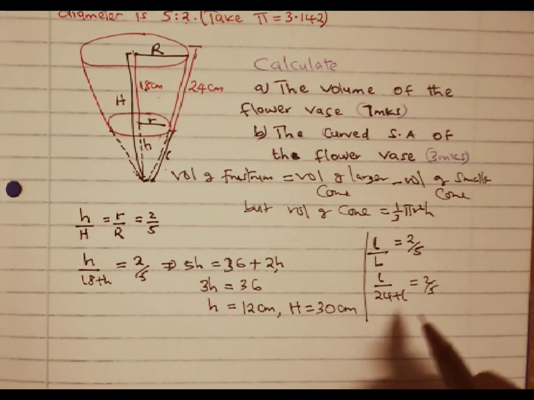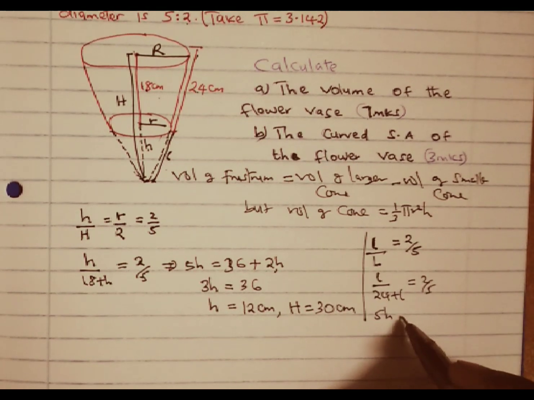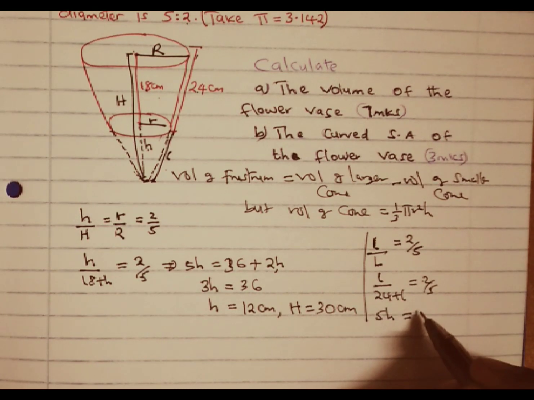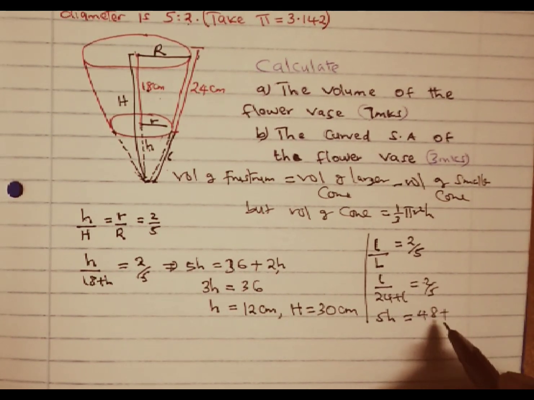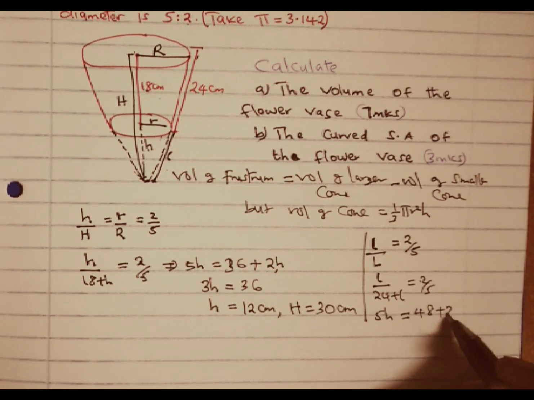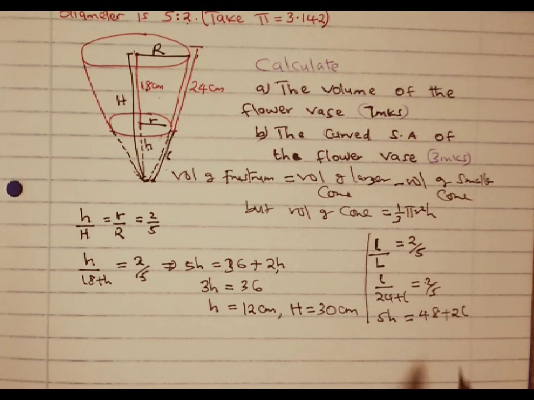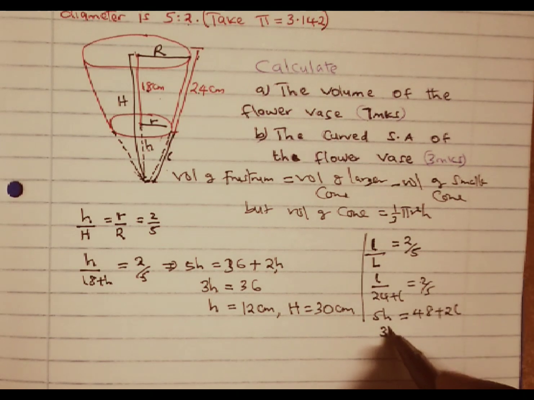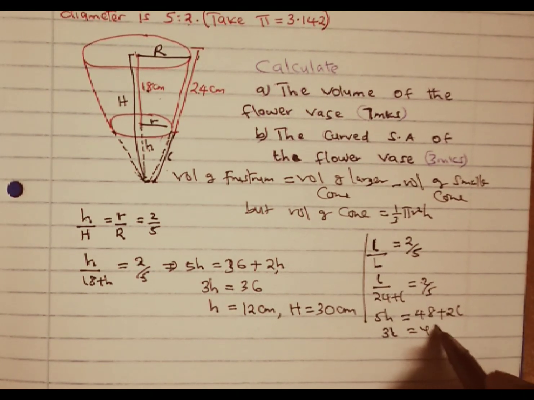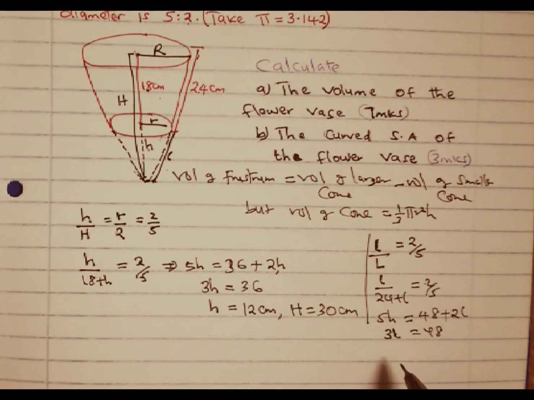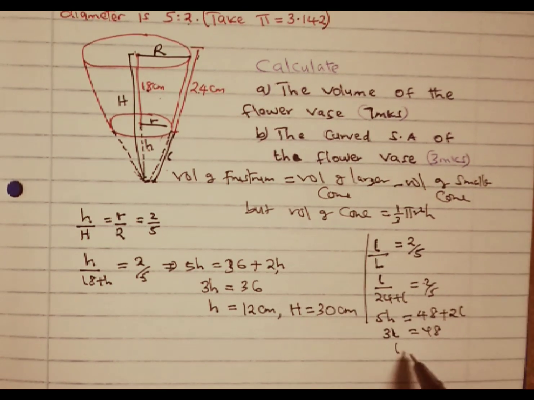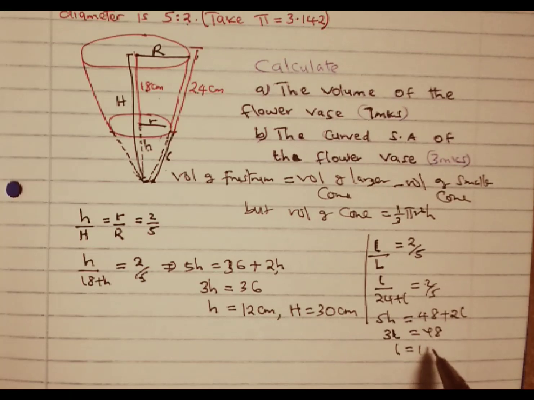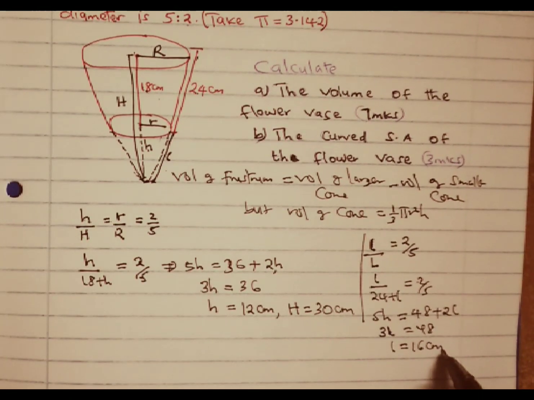If you cross multiply, we have 5l equals 2 times 24, giving us 48, plus 2 times l, which is 2l. If you bring 2l to the other side, you subtract, and we remain with 3l equals 48. Dividing both sides by 3, our small l will be 16 centimeters.